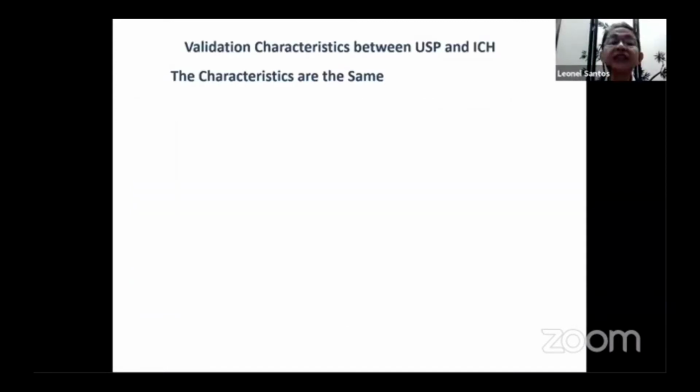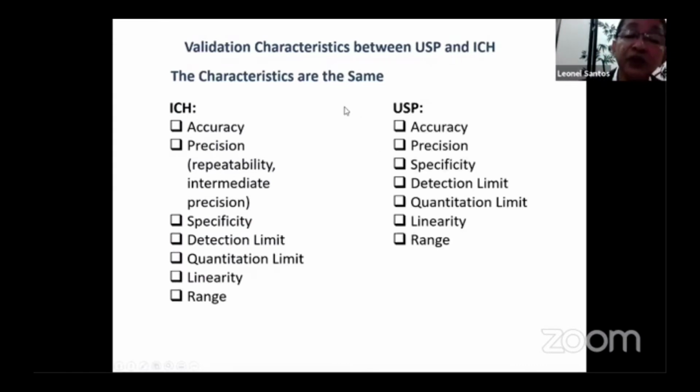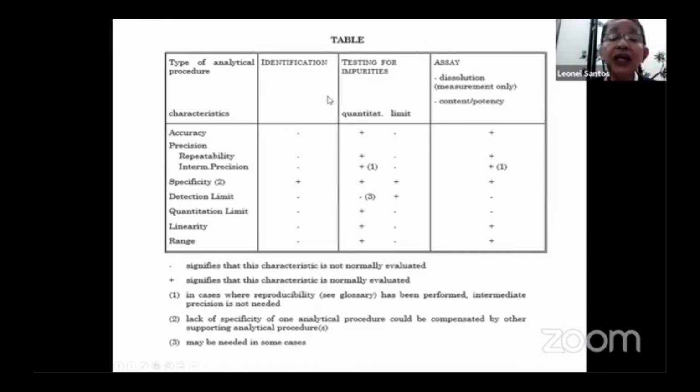The characteristics are the same as those described by the ICH and USP. All these 7 validation characteristics are consistent, except that in ICH, the category for identification and the required analytical performance characteristics are the same as that of USP.